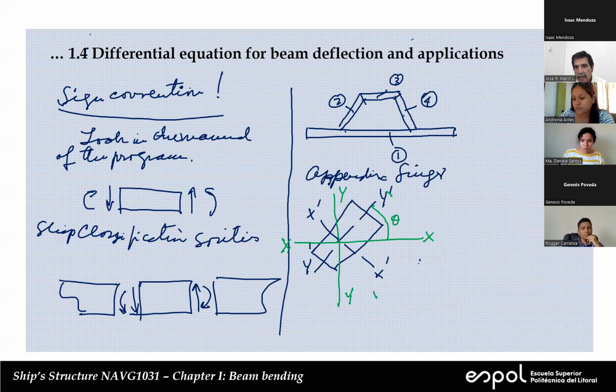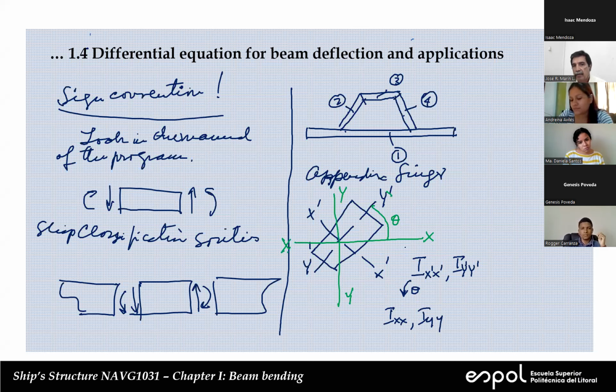For example, they can calculate IXX prime and IYY prime. See, they calculate the inertia of this rectangle with respect to this axis, and also the inertia with respect to this axis. And then using theta, this angle, they can calculate IXX and IYY.